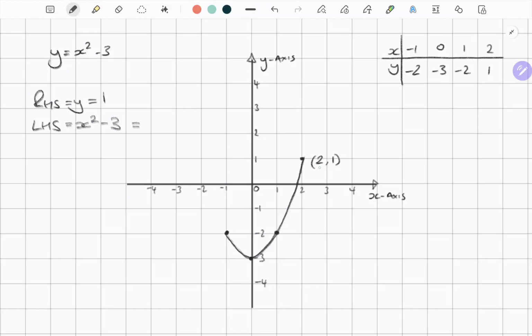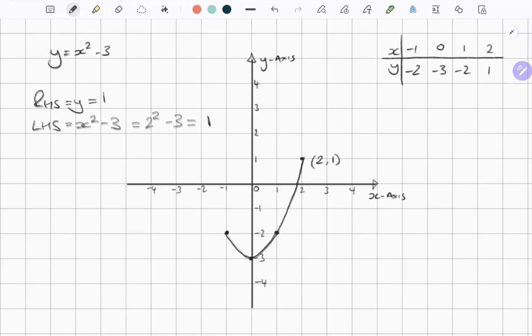So x squared, so the coordinate for x is 2. So 2 squared, I'm going to run out of space in this quadrant here. 2 squared is 4, minus 3 is 1. So the right hand side and the left hand side both equal 1. Therefore, that point there, 2, 1, satisfies this equation of the graph.